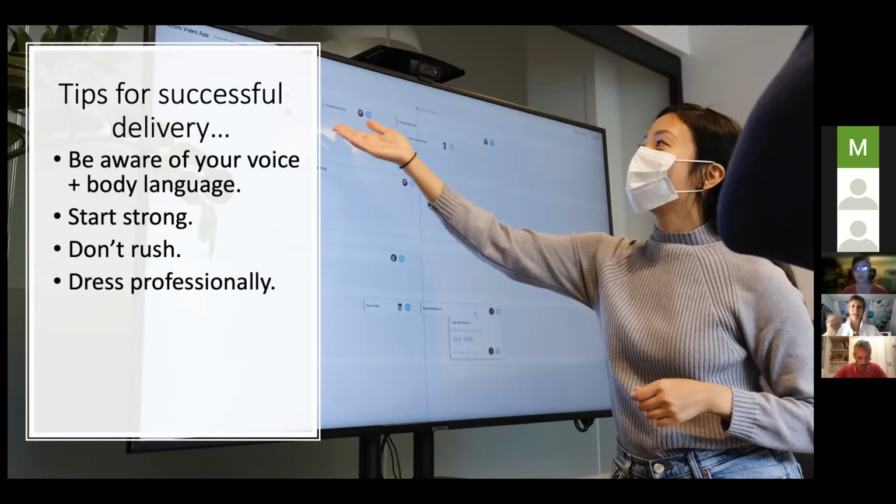Dress professionally. That may sound obvious, but it's really true to make a good first impression. And it also gives you a little more credibility in your field if people think that you're presenting in a certain way, okay?